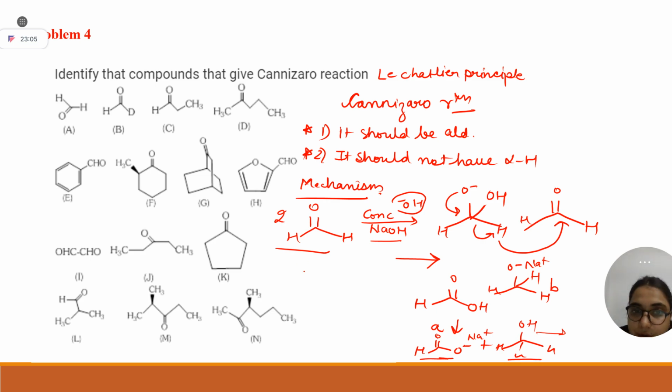So, students, Cannizzaro reaction is also known as disproportionation reaction. Why disproportionation? Because the same molecule gets oxidized as well as reduced, because the reduced version of aldehyde is alcohol, and the oxidized version of this aldehyde is acid.